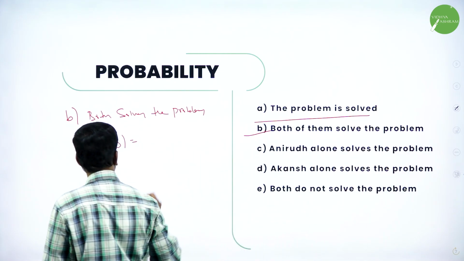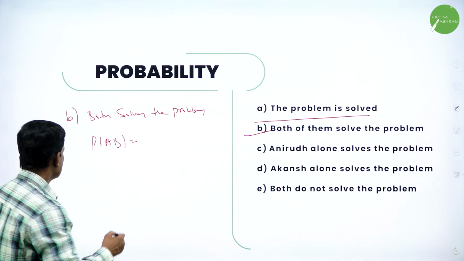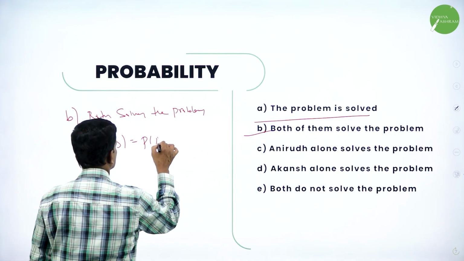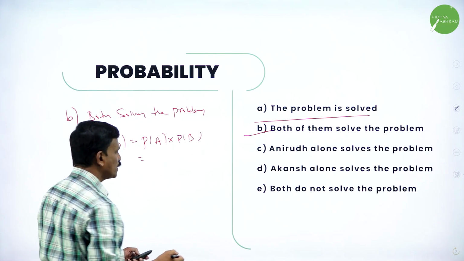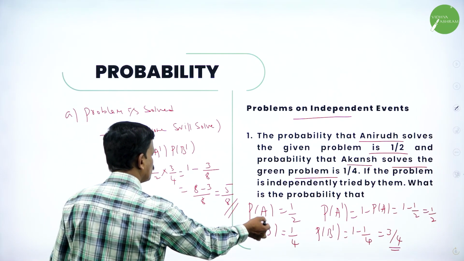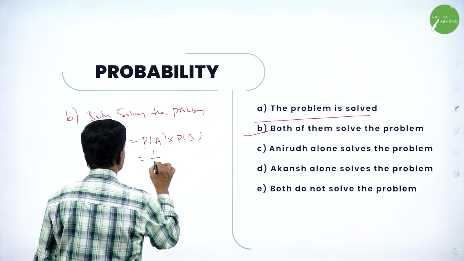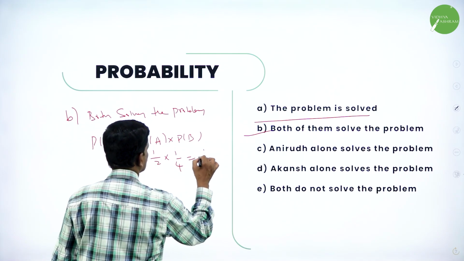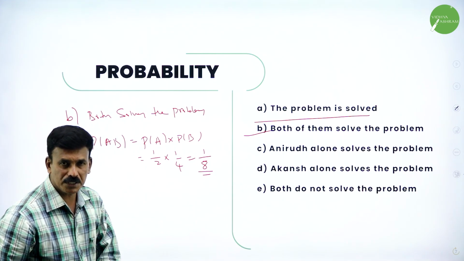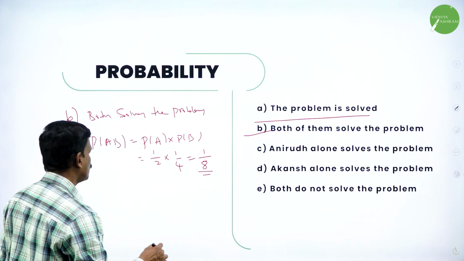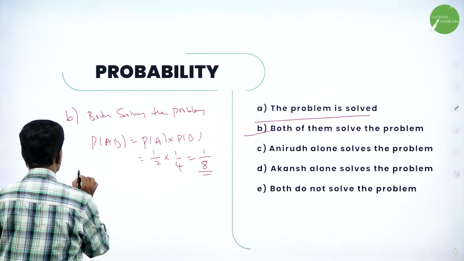So probability of both of them solving the problem is nothing but probability of A into B. That is probability of A into probability of B. What is probability of A? Probability of A is 1 by 2. Probability of B is 1 by 4. 1 by 2 into 1 by 4, that's equal to 1 by 8. So if both of them solve the problem, the probability is 1 by 4 into 1 by 2, that's equal to 1 by 8.